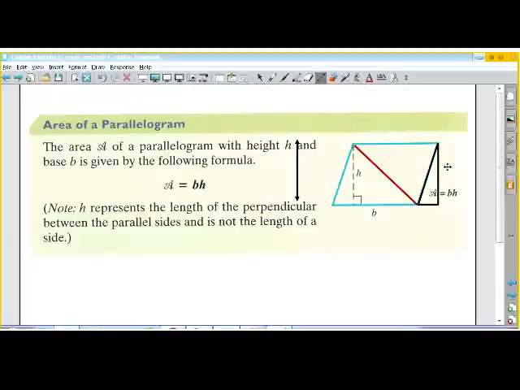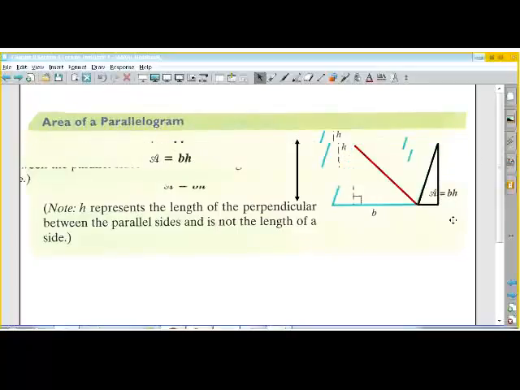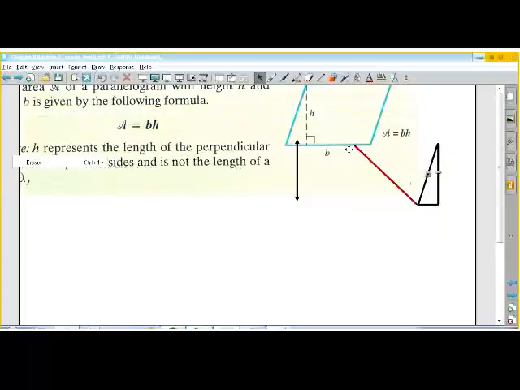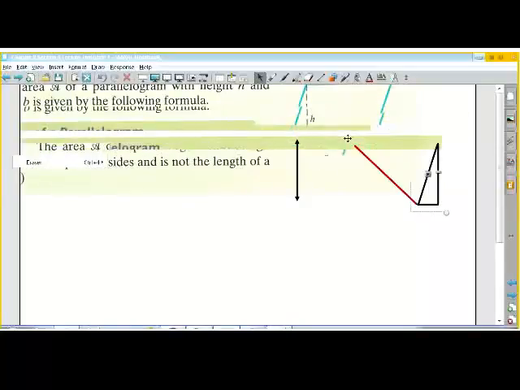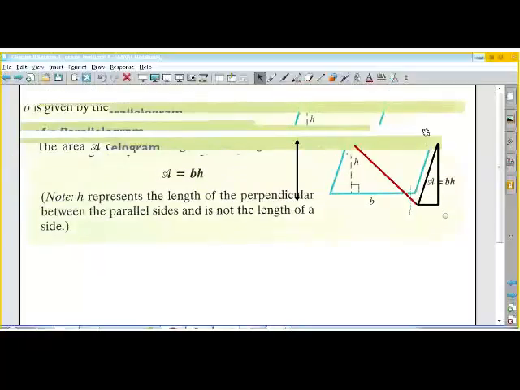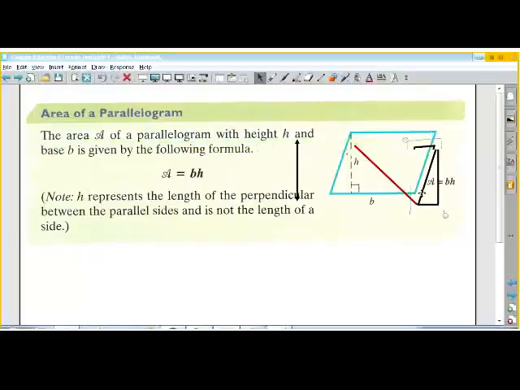Because of symmetry, what I can do is I can take that triangle and then I can take this and rotate it like that, and I'm going to stick it right in there, and now it becomes a rectangle.